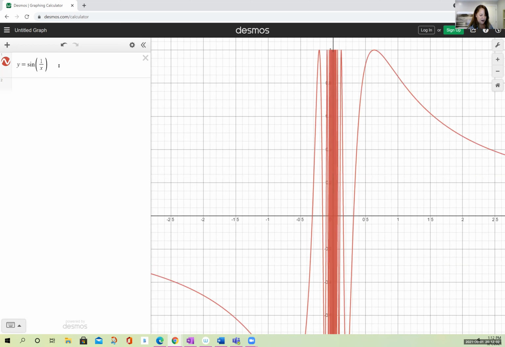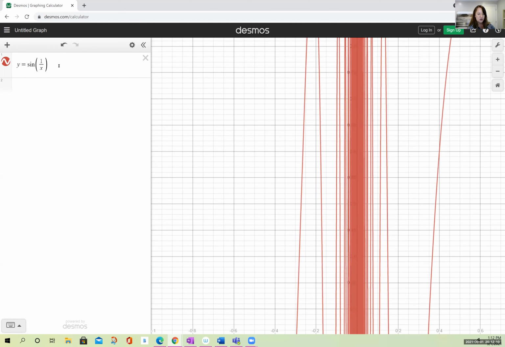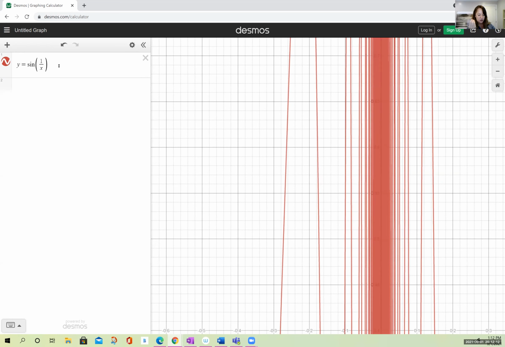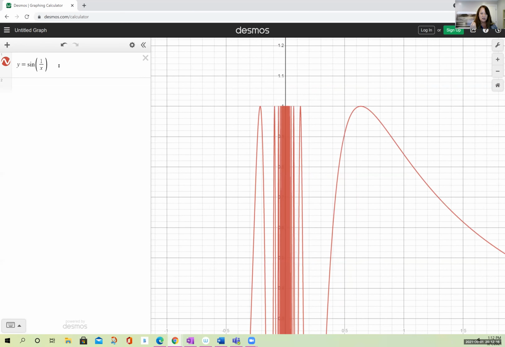What's happened is that this is oscillating back and forth really, really fast. So it doesn't matter how close you get to zero on the left and right, there's no one particular value that it is approaching. So in this case, the limit is undefined.